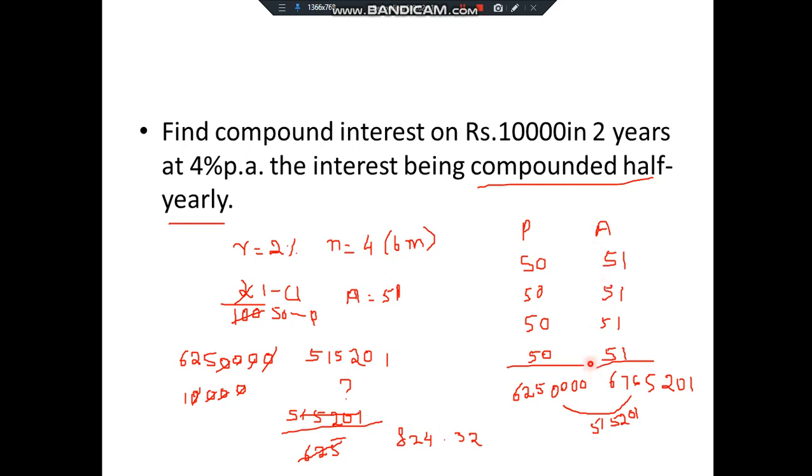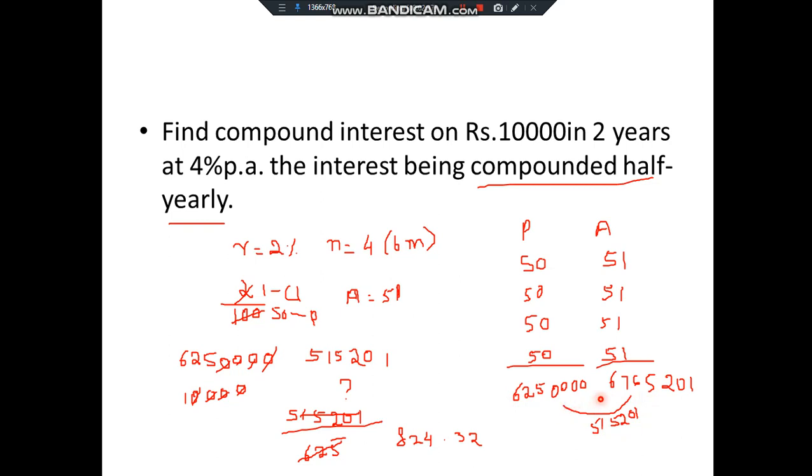Now you multiply 50 into 50 into 50 into 50 and write it down. Similarly, 51 into 51 into 51 into 51, write it down. Now we have got total principal and total amount. We want CI only, so subtract A minus P. So you get the CI as 515201. That is your compound interest when your principal is 625 followed by 4 zeros.